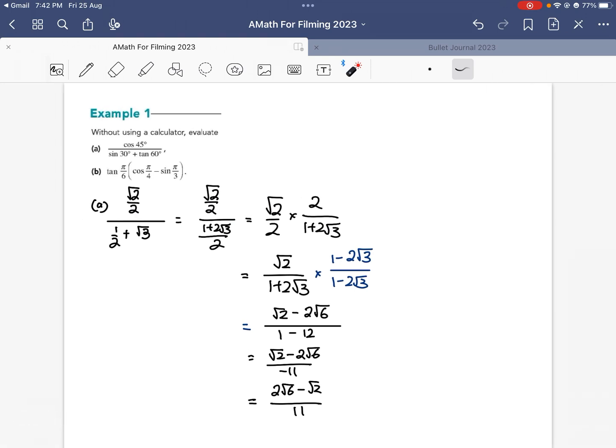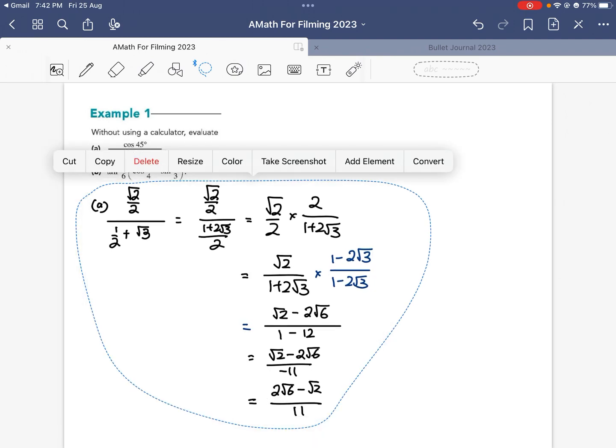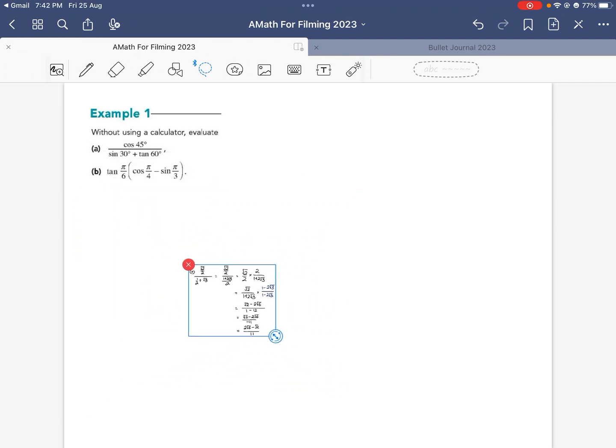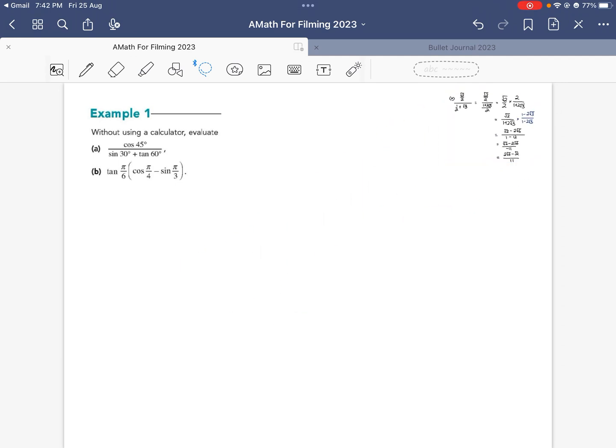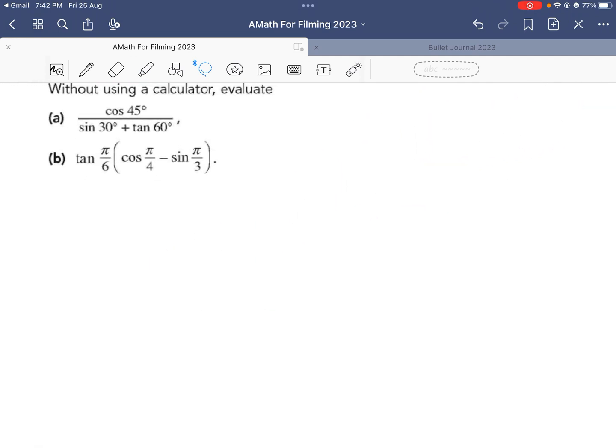Okay, for part B, let me try to shrink this whole thing here. So for part B, what we have is tangent pi over 6, cosine pi over 4, minus sine pi over 3.